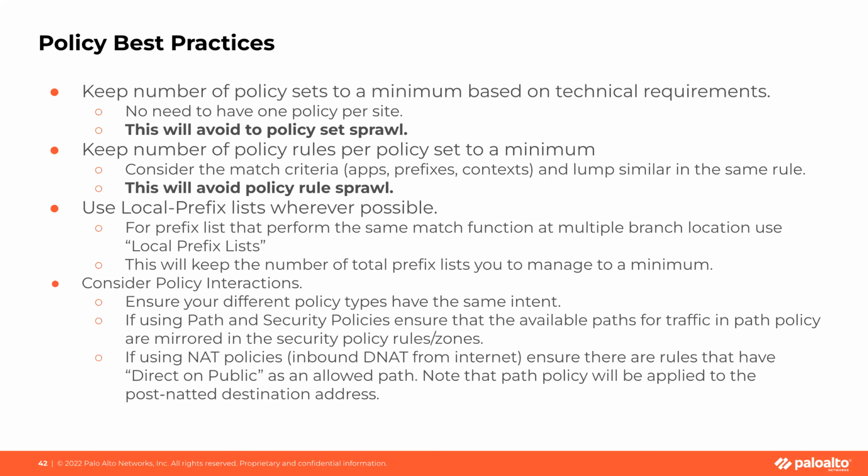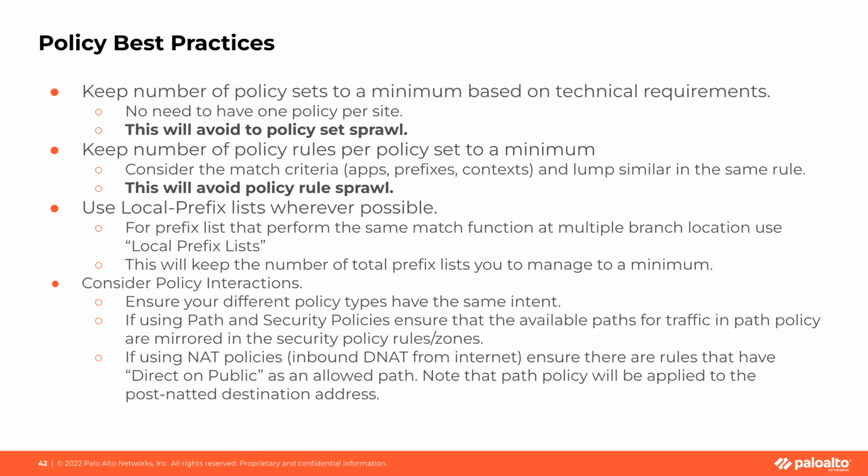You could have a situation where you have 100, 200 sites all with the same path policy. So, we keep the number of path policies to a minimum, and that reduces the administrative overhead for policy management. This way we don't end up with policy set sprawl. And likewise, inside a single policy, try to keep the number of rules to a minimum that match the technical requirements that you have. So consider building rules around sets of applications or things that have the same match criteria.